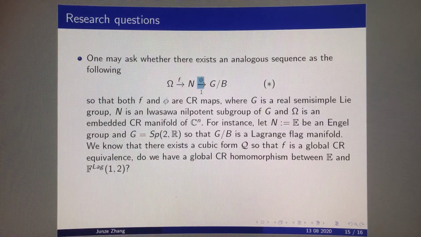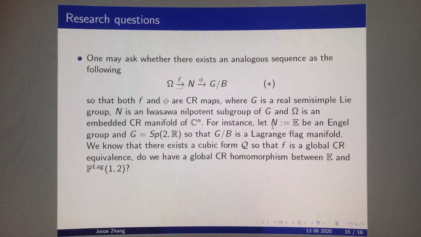For example, we have N equal to the Engel group, and in the second example, we know that the cubic form gives a CR isomorphism to the Engel group. So this F here is a CR isomorphism.